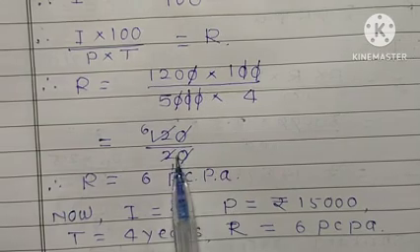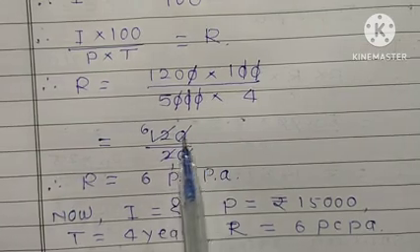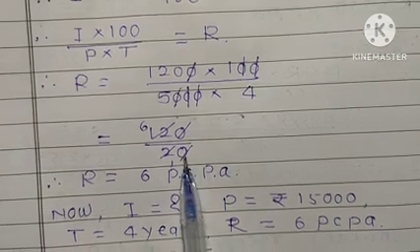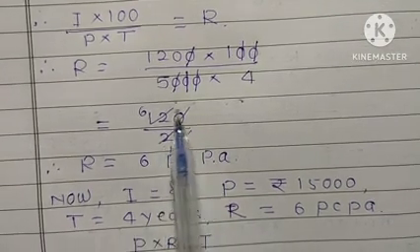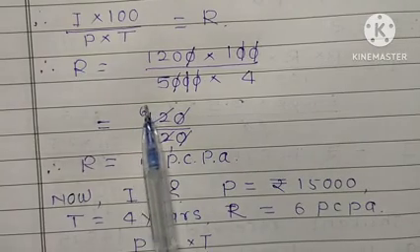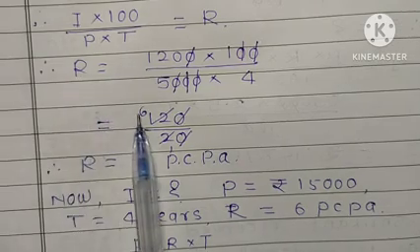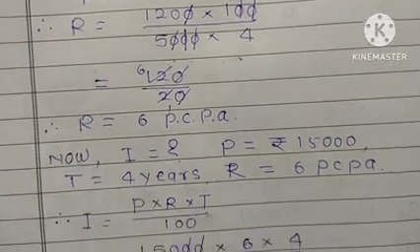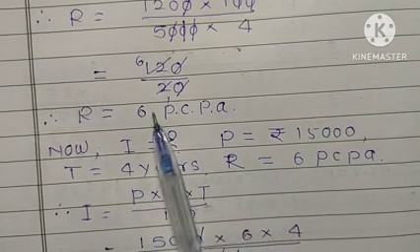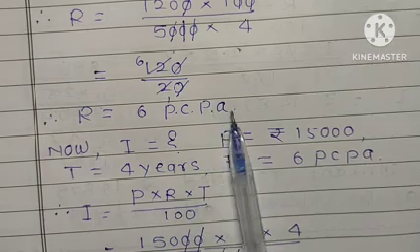So dividing by 20, that means cancel 0 from numerator and denominator. 2 6s are 12. That means R is equal to 6. That means rate of interest is 6 percent per annum.